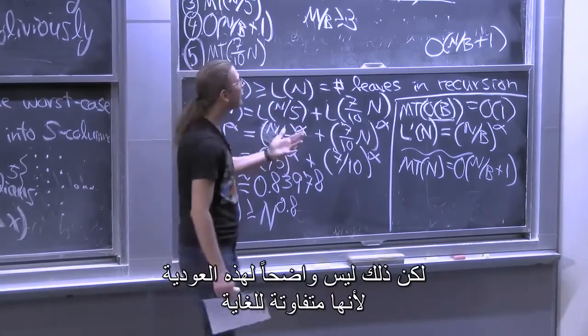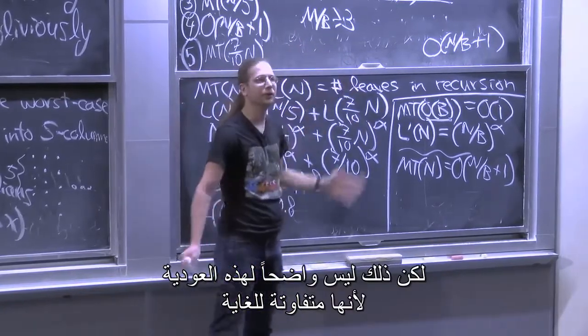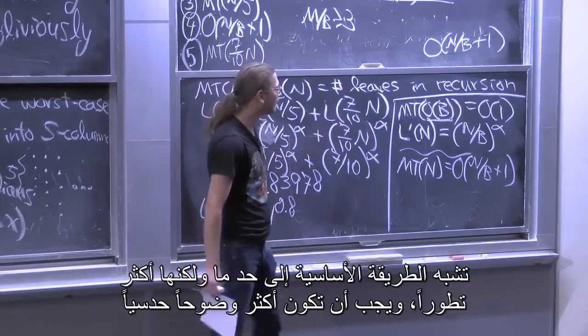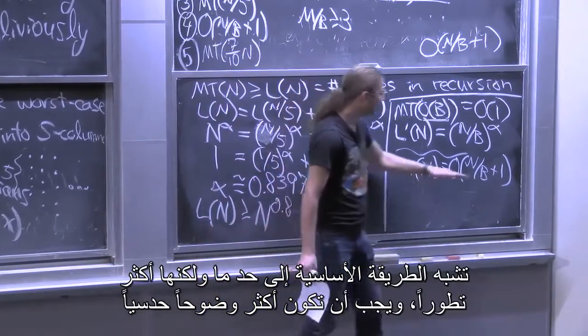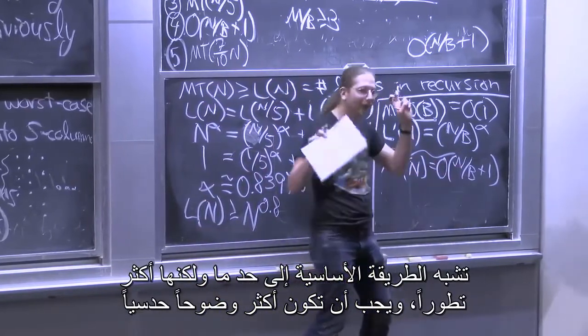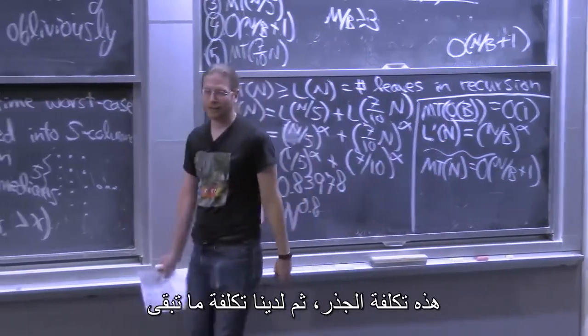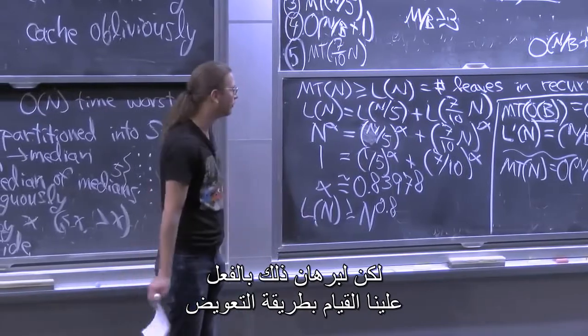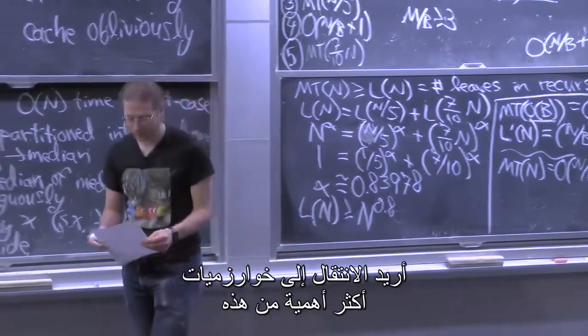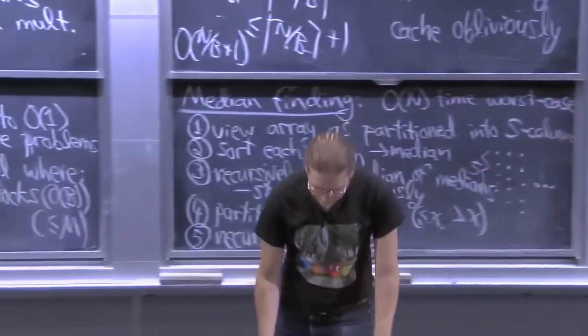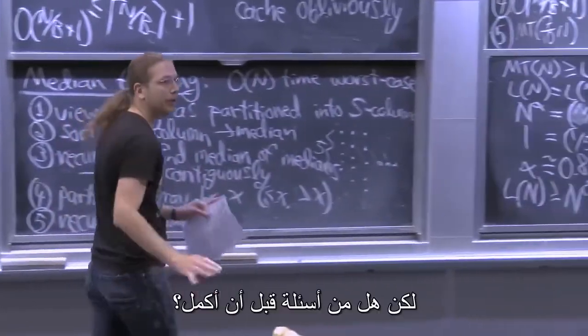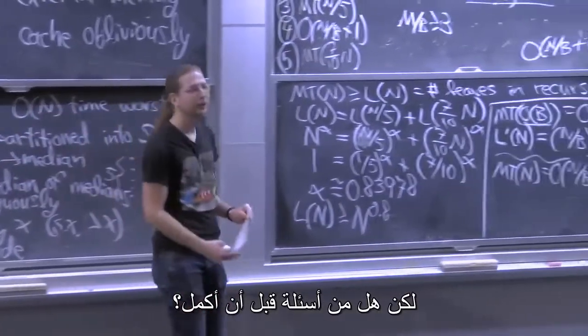That's not obvious for this recurrence because it's so uneven, but it's kind of like the master method, a little fancier. Intuitively, this should be obvious. There's the root cost, and then there's the other ones. But to actually prove it, you should do the substitution method. I want to go to more interesting algorithms instead. But any questions before we continue?